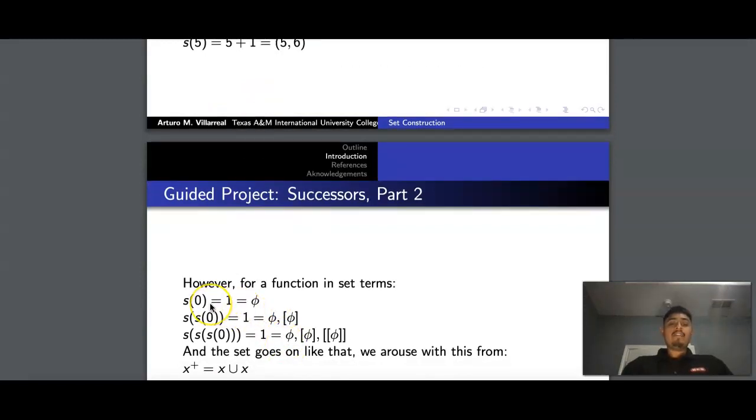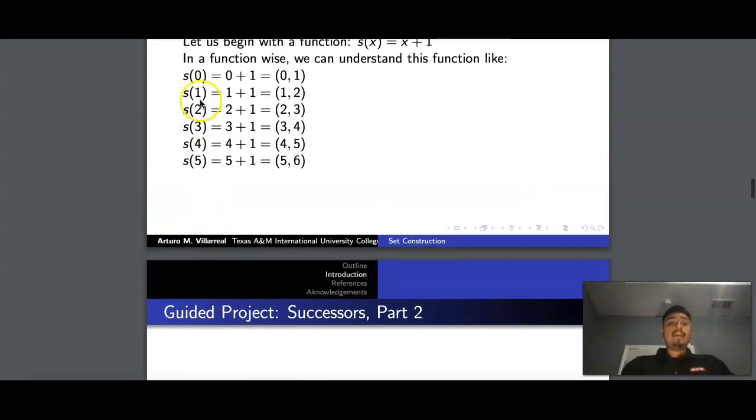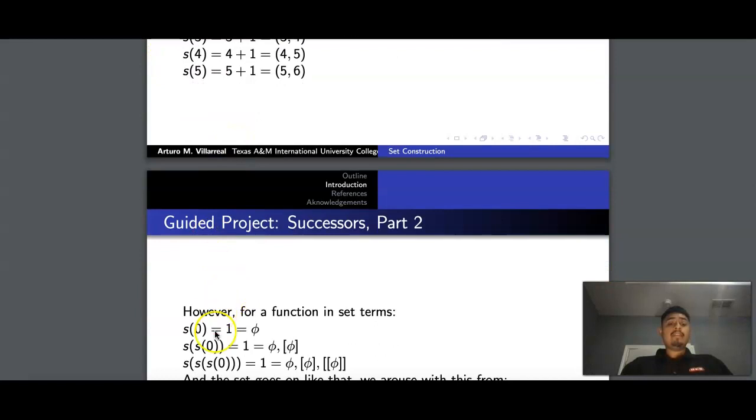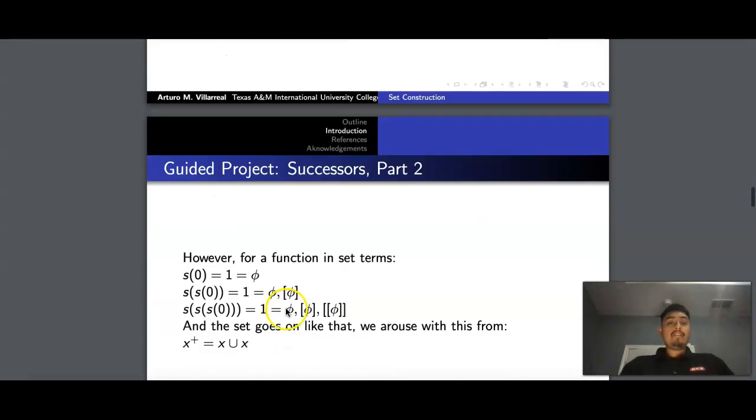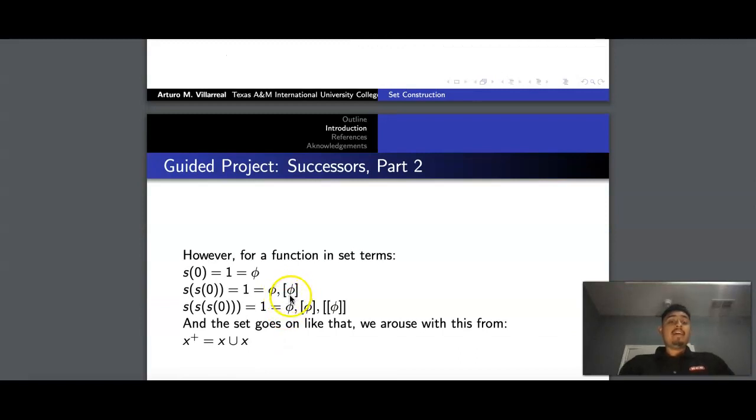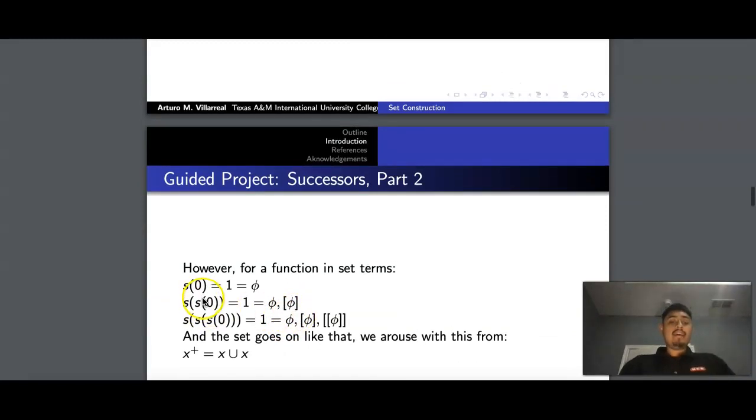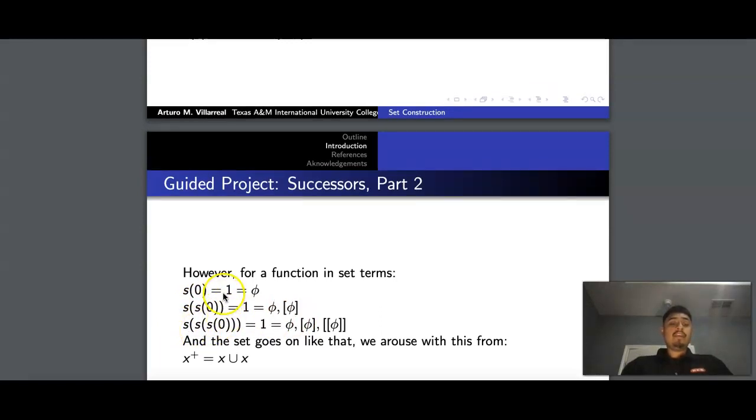In sets, S(0) is the same thing as an empty set. At S(1), we have the empty set and 1, and then at the third step, this is inside this, and this is inside the third step. We have the empty set, then 1, and then 2.